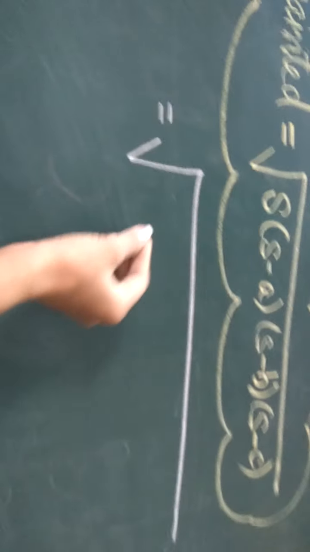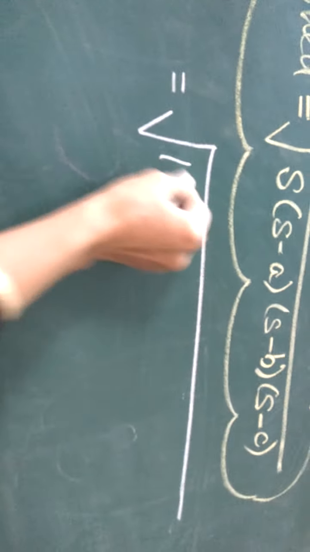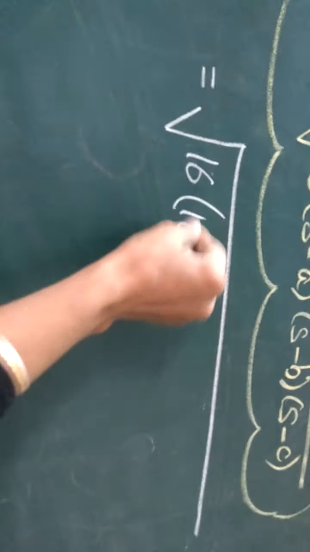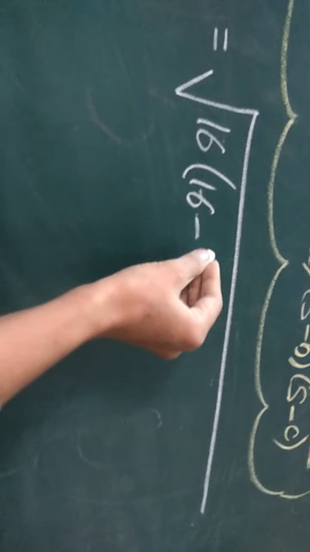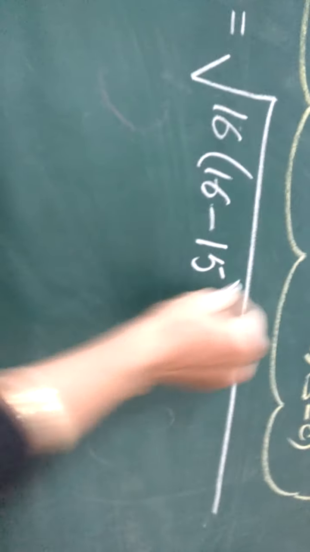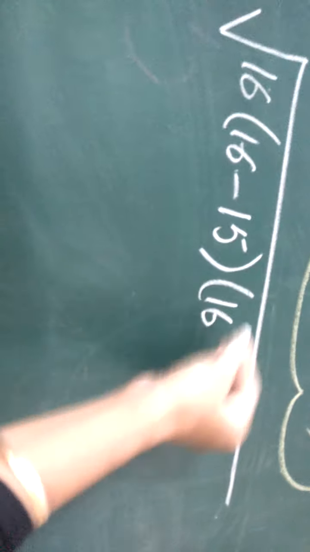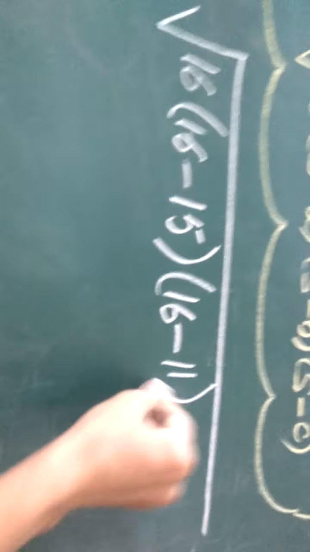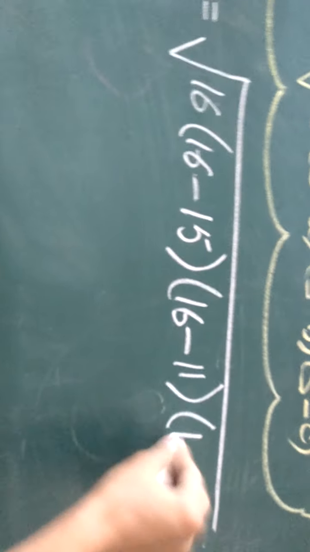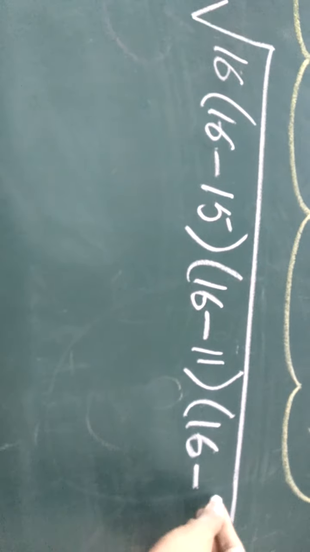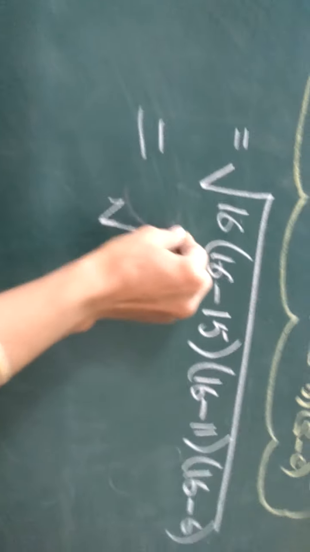Square root of, we have S, 16, into 16 minus A, which is 15, into 16 minus 11, into 16 minus 6. So let us solve.